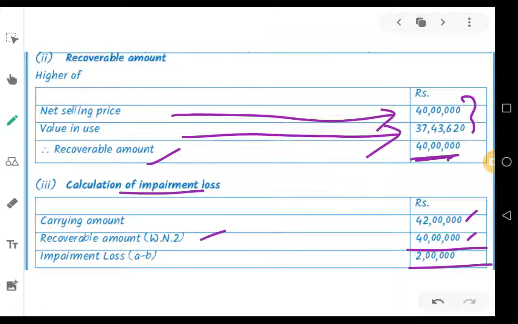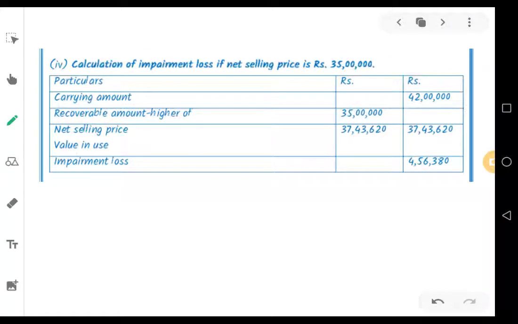Now, if you look at the last question, they have asked us to calculate the impairment loss when net selling price is 35 lakhs. Earlier we have calculated impairment loss when the net selling price is 40 lakhs. But if net selling price becomes 35 lakhs, what would be the impairment loss? For that you have to calculate the recoverable amount again.